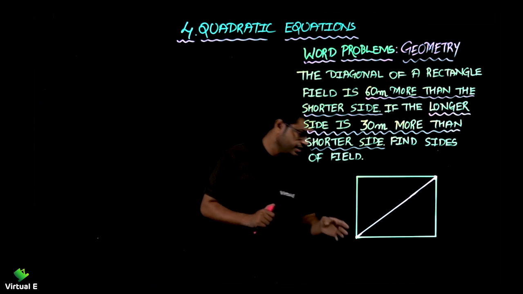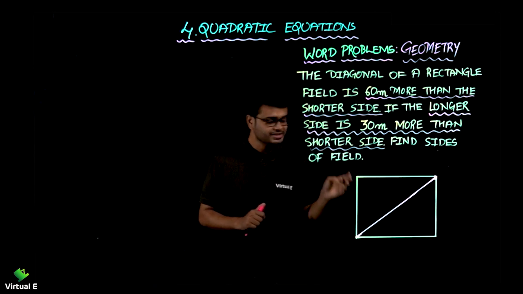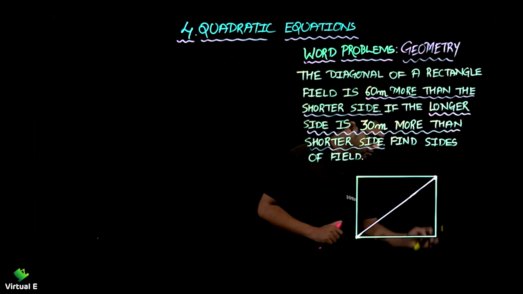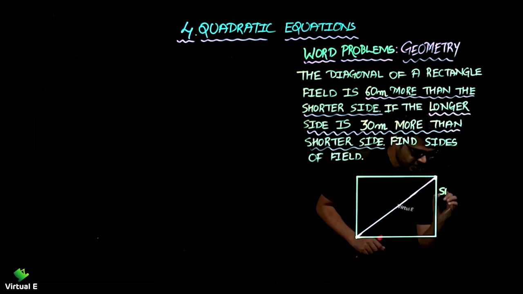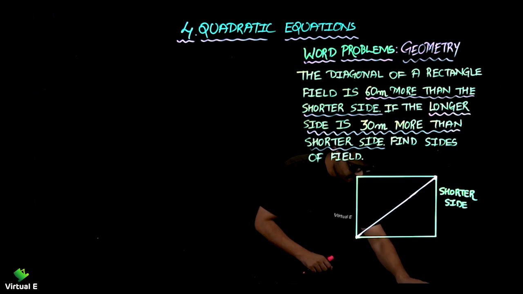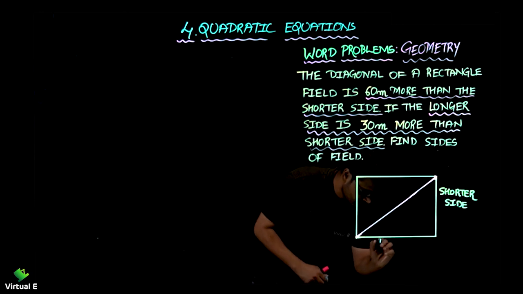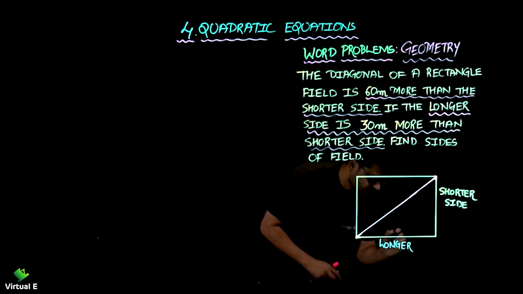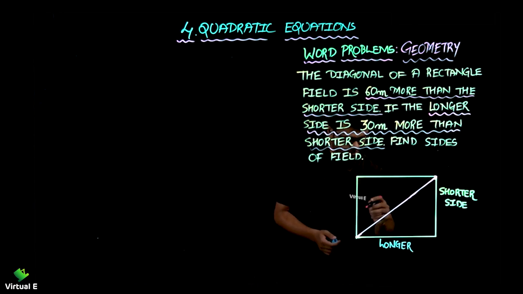So this is the rectangle. I have drawn the diagonal, so let's label it. This is the shorter side, then this is the longer side, and we have the diagonal.